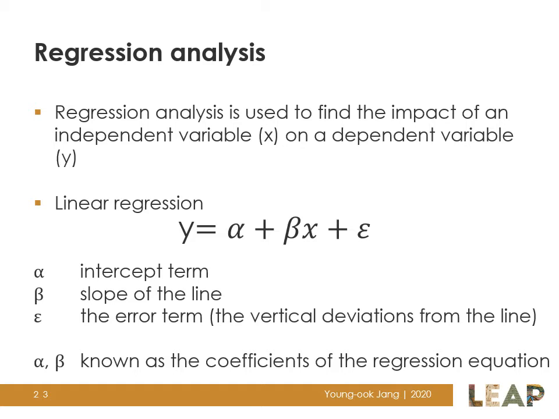So here, most important is beta. Beta is the effect of x on y. So if you increase x by 1 unit, then you would get more of y by beta, right? So beta is most important.